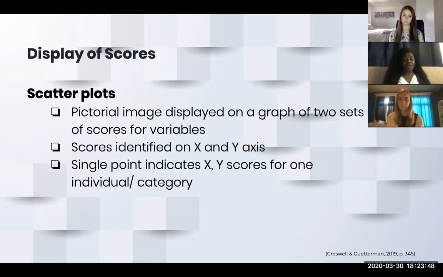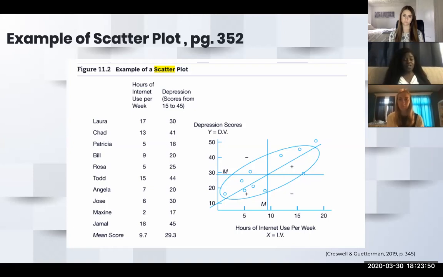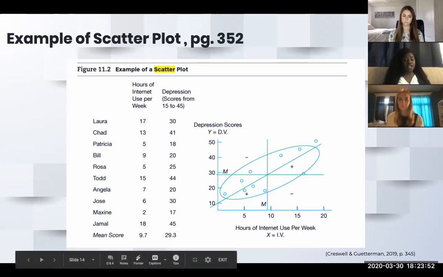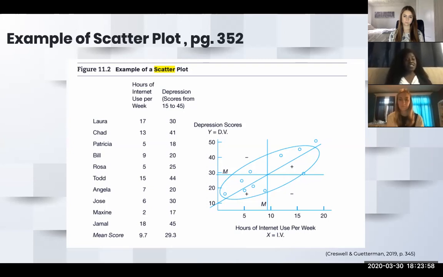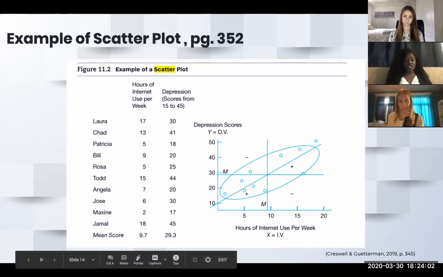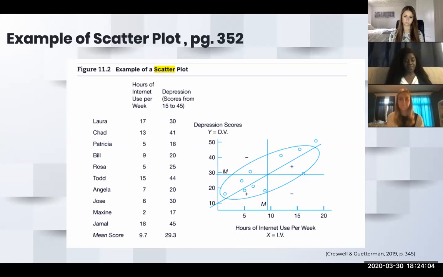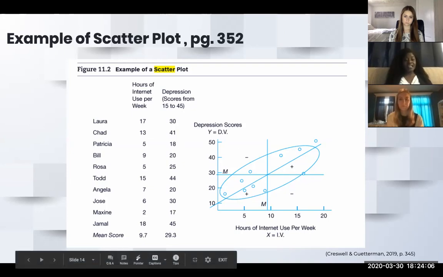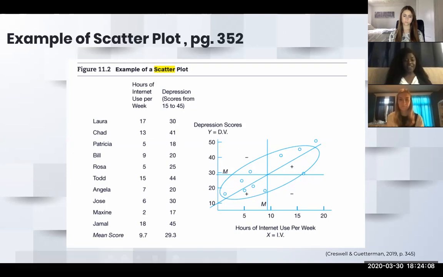So I'm gonna flip to the other slide for an example of this. Here we're using the same example of internet use and depression. We have a set of scores for internet use, and we also have a set of scores for depression. And the graph in blue, that's the scatter plot.